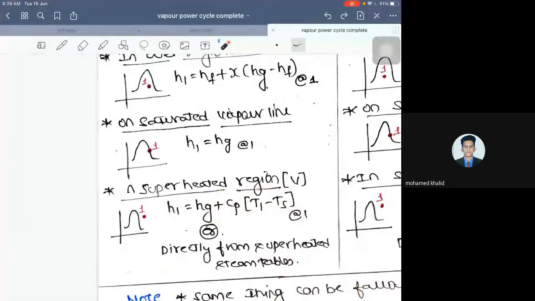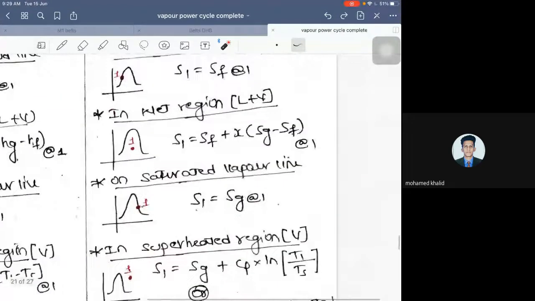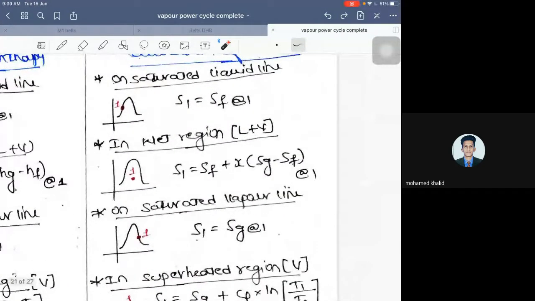Is that clear? Now, same thing for the entropy, except the superheated formula will change. If it is on the saturated liquid line, the value of entropy is given by Sf. If it is in the wet region, the entropy is Sf plus x times Sfg, or Sf plus x times (Sg minus Sf). If it is a saturated vapor line, then it is Sg.